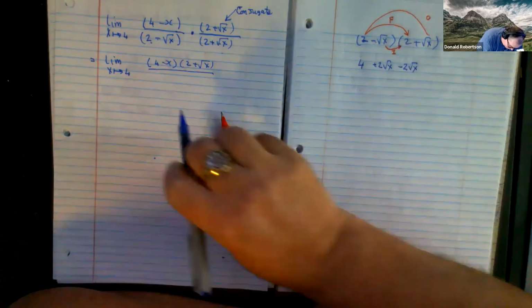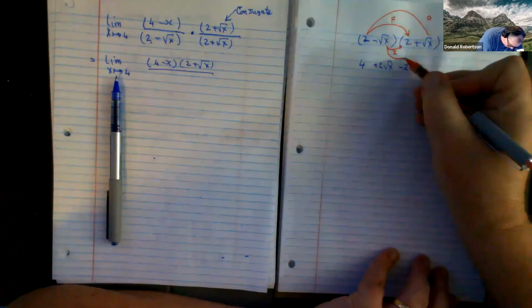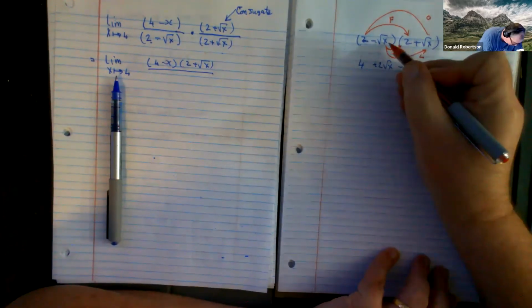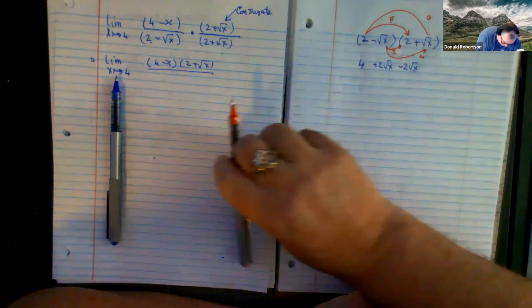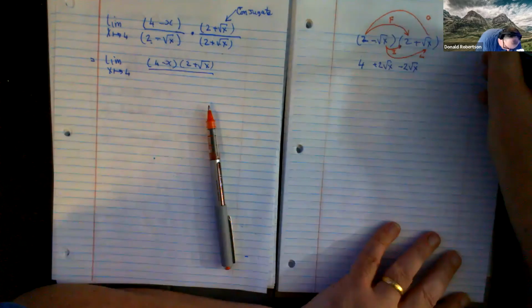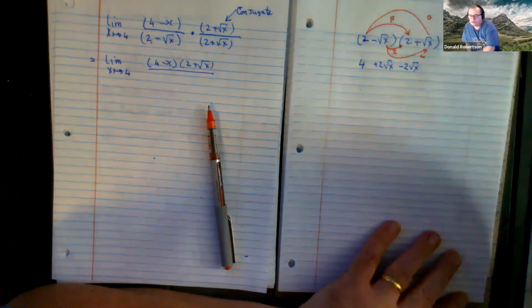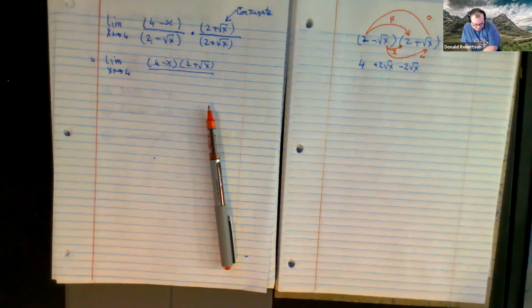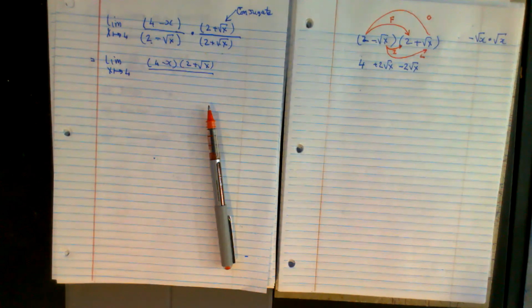And then you finish with the last, this times this. And I'll write this down. That times that, right? What does negative the square root of x times the square root of x get you? I totally agree.